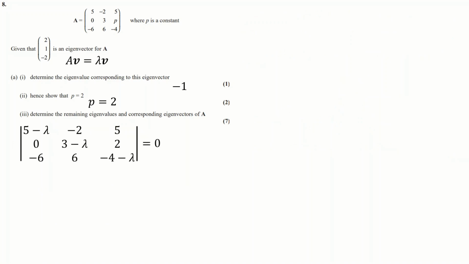So eigenvalues are found by doing the determinant of A minus lambda I. So you just do all the diagonals minus the lambda, and then you find the determinant of this and set it to 0. So the determinant of this is this times the determinant of this matrix. So this times this minus this times this.